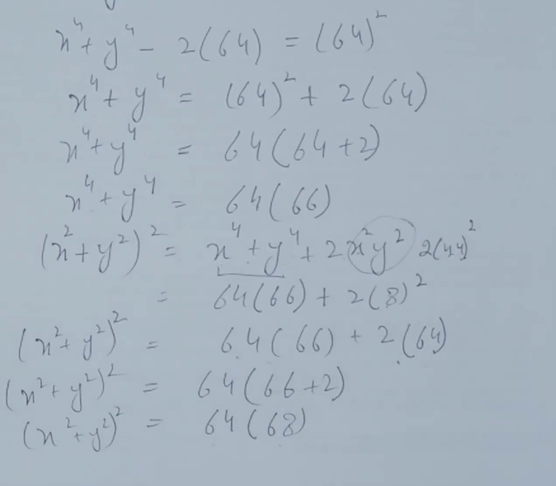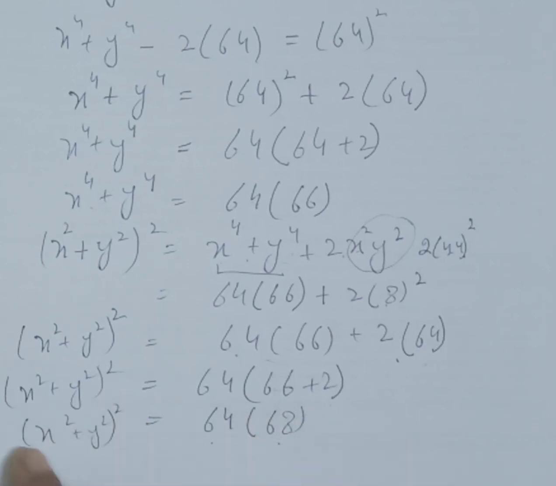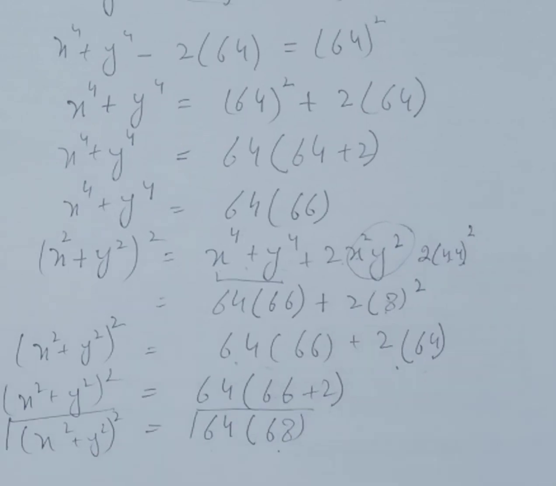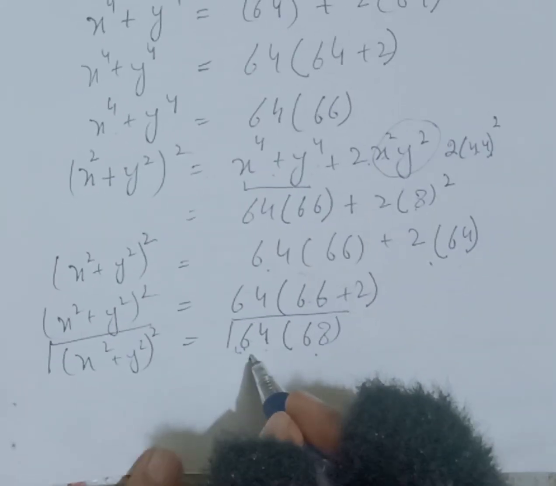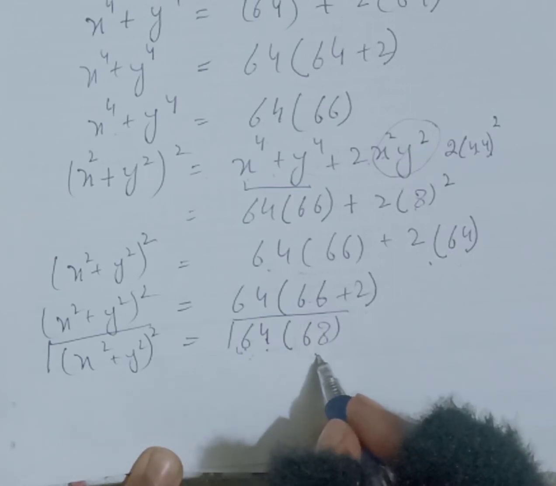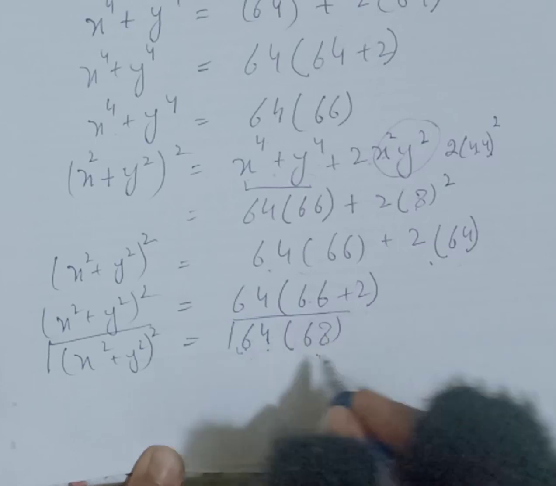So we just want to find the value of x square plus y square, so we take a square root on both sides of this equation, and then we get this. Now look at the right hand side, it is 64 and its perfect square root exists. So this is 68. So we split 68 into a perfect square.